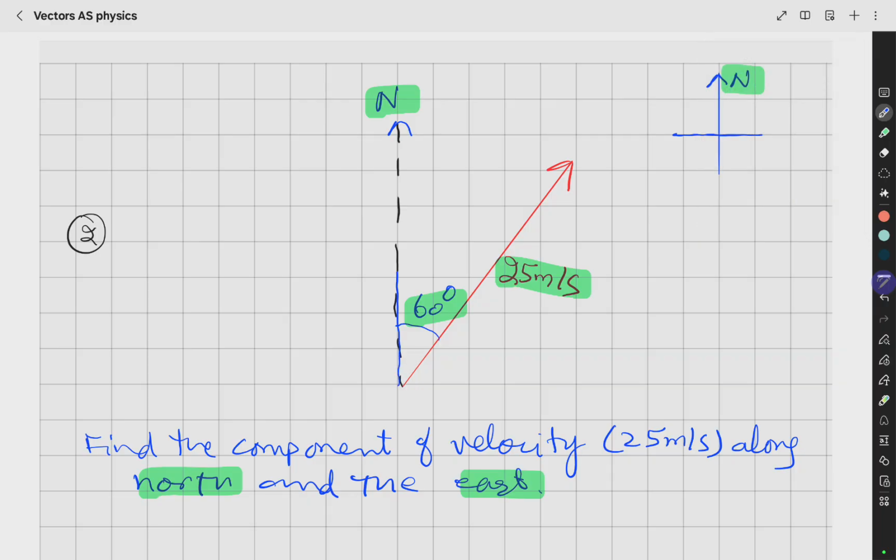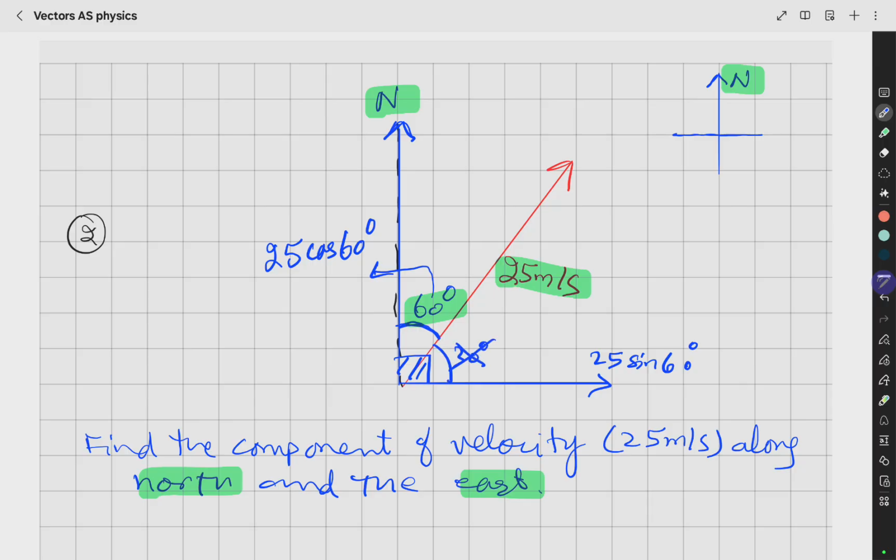When you resolve it, the first component, which comes out to be adjacent to angle, and remember adjacent to angle is always cos, so this is 25 cos 60, and the other component, which is acting at right angle to the first one, is 25 sine 60. So this is sine 60. Remember, you have to use only the 60 degree, don't use this 30 degree again. So just use the one angle.